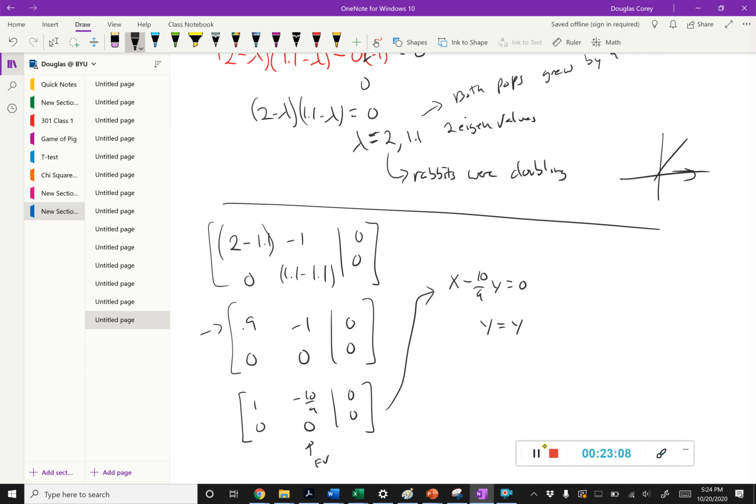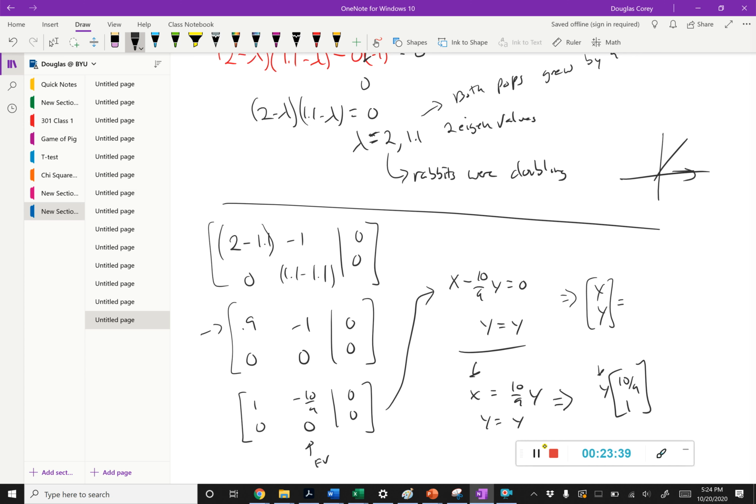So that means I could write this system as, well, let me do it down here first. x equals 10/9 y, y equals y. So I could write that right side as y times (10/9, 1).